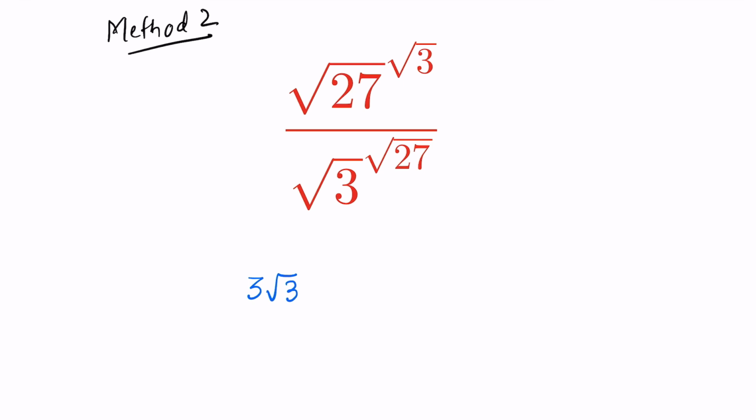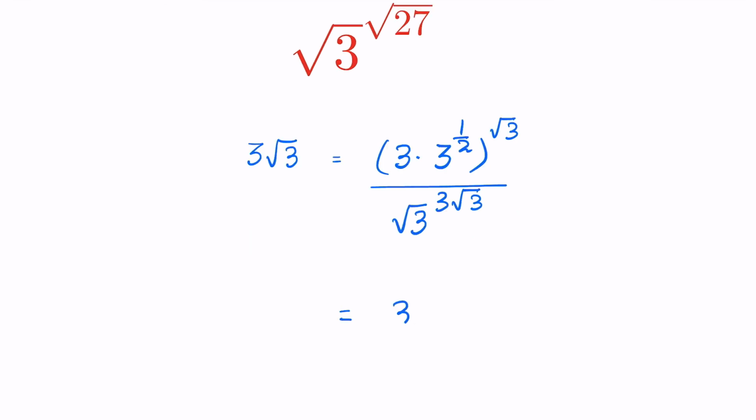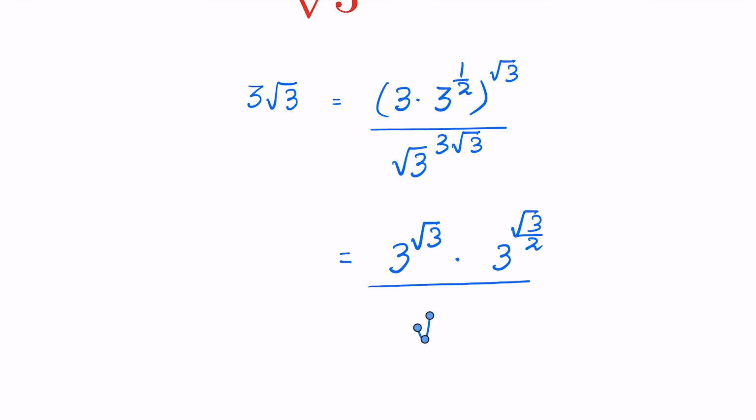So we can write it as 3 times 3 raised to the power of 1 upon 2, then whole raised to the power of square root of 3 upon square root of 3 raised to the power of 3 times square root of 3. Again, this will be 3 raised to the power of square root of 3 times 3 raised to the power of square root of 3 upon 2, then upon square root of 3 is 3 raised to the power of 1 upon 2, then whole raised to the power of 3 times square root of 3.